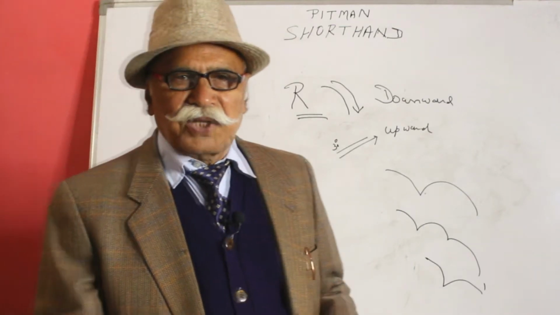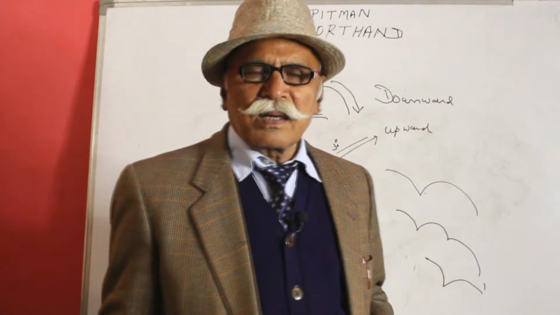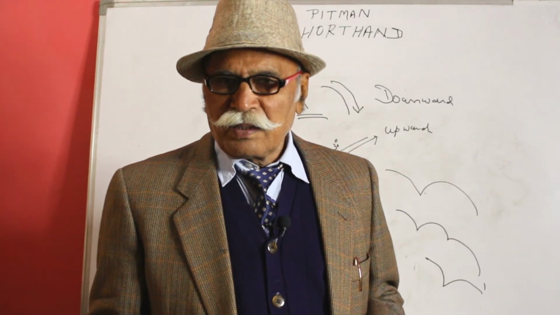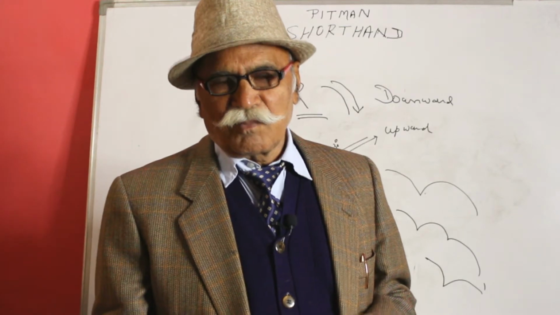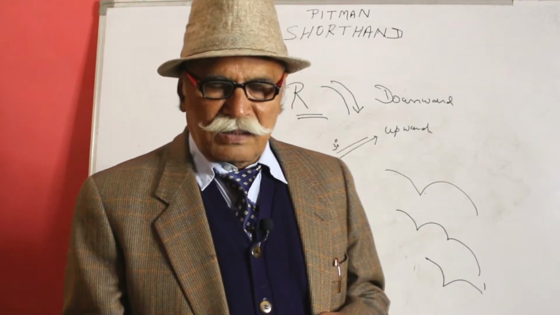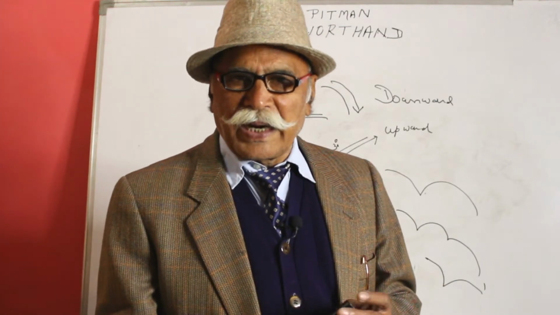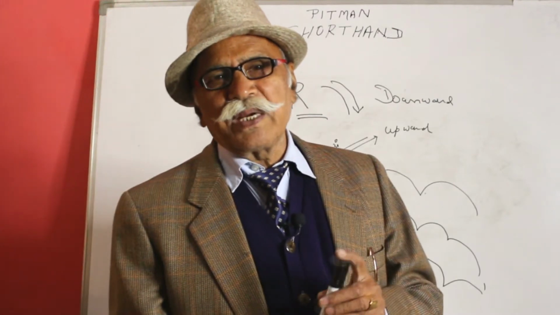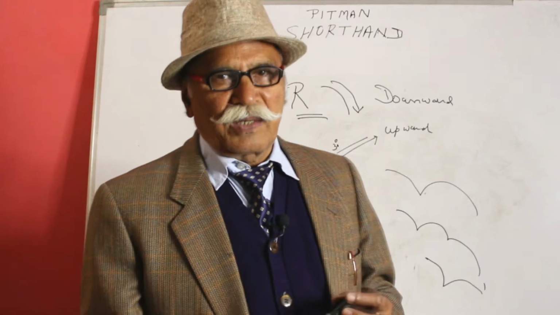So there are three reasons for writing R downward. First, when a vowel is preceding before R, second, when there is no vowel after the R, and third, when R is followed by M. These three reasons are used for the alternative form of R, downward.